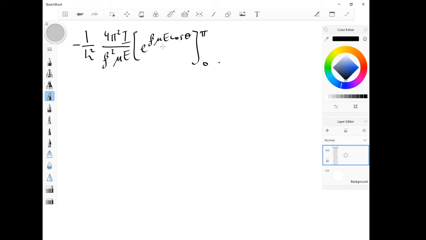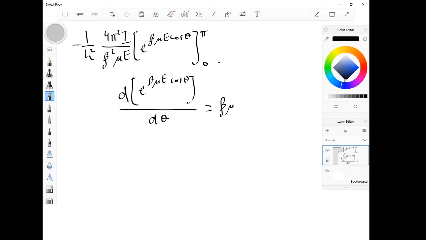This comes out because when you differentiate e to the beta mu E cos theta with respect to theta, you get beta mu E sine theta e to the beta mu E cos theta. And so you see the similarity there, because that's just dropping down and you can easily integrate it up.